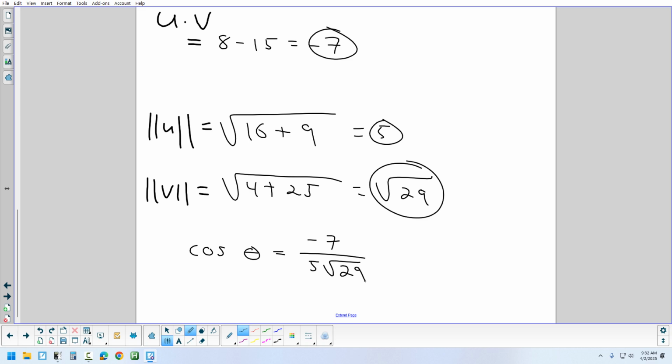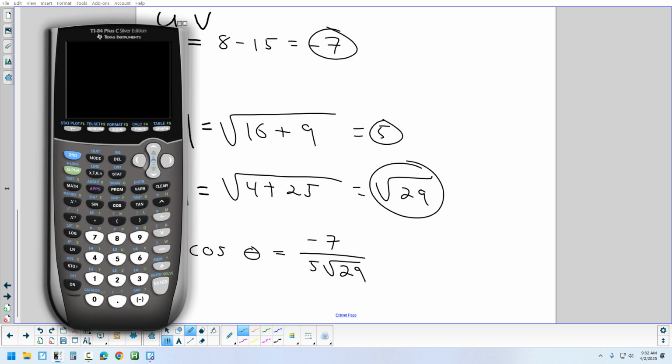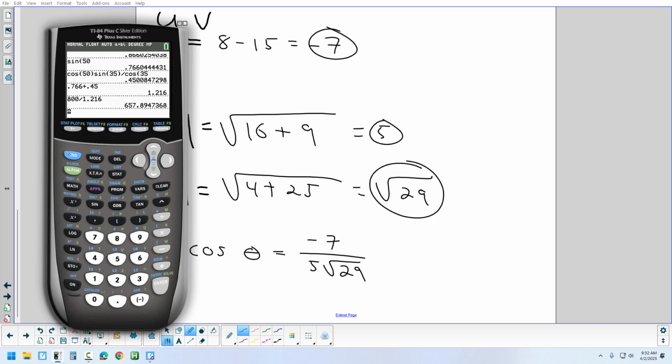Now, how would you actually get the angle? Not cosine of the angle. Yep. I take the inverse cosine on both sides. So inverse cosine of negative 7 divided by 5 root 29. That gives you an angle of, I just must have typed something wrong. I didn't type anything numerically wrong, but I didn't put parentheses in the right spot.